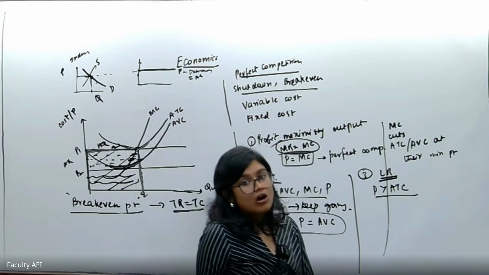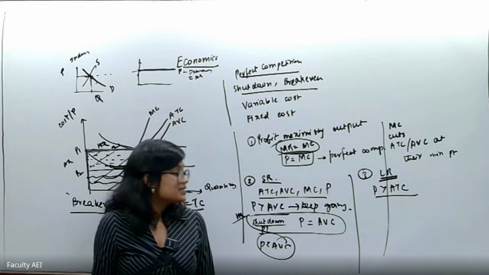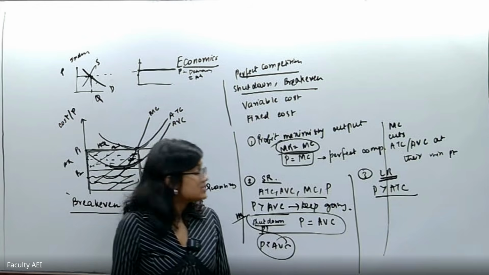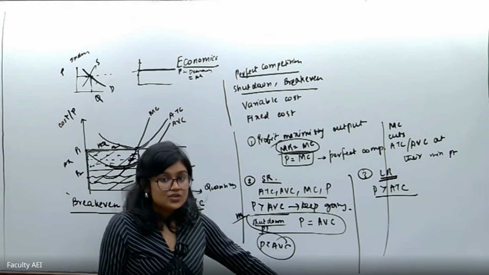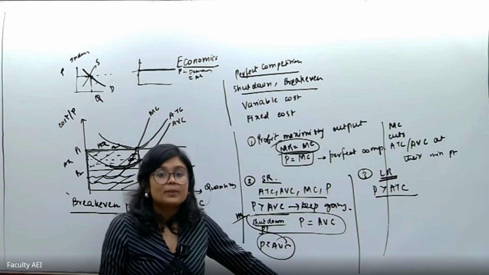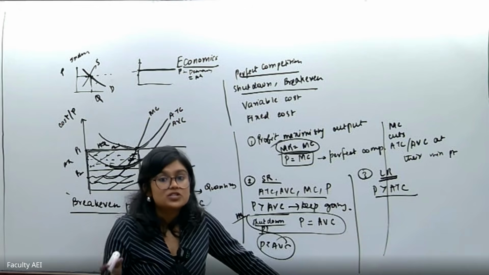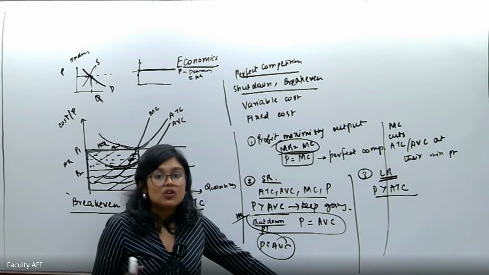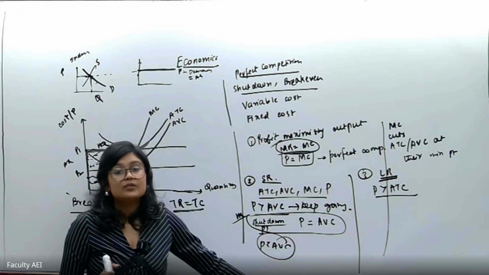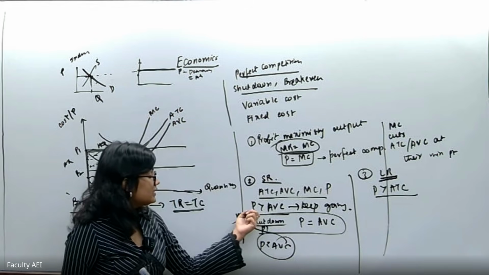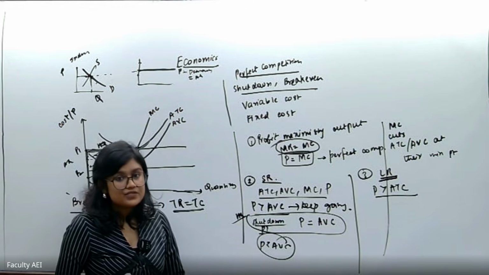If at an aggregate level my price is able to cover my average total cost, then I will continue. If my price is less than average total cost, then I would rather stop producing, because if I stop producing altogether, I'm making zero losses. But if my price is less than average total cost, I would have to bear the cost. Why would I stop producing if price is greater than average variable cost?